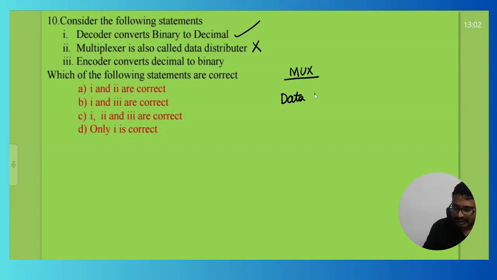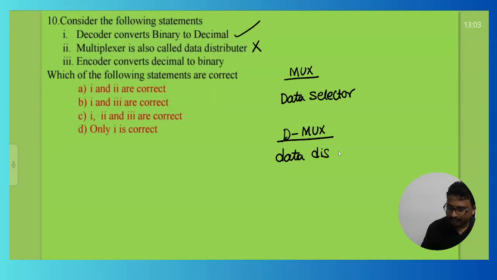Mux is a data selector, and demux is a data distributor. Okay. So that's why this is wrong.